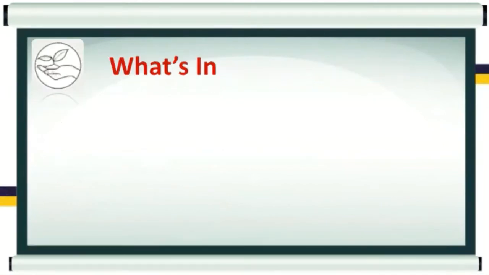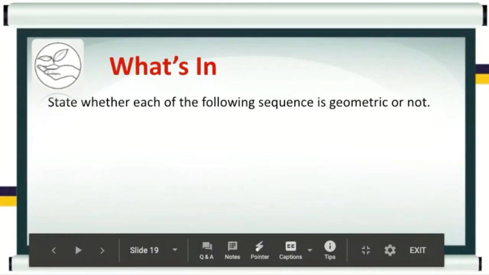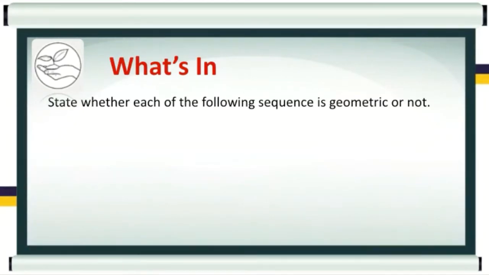Before we proceed with lesson 2, let's have an activity on the one that we just learned a while ago, the common ratio. This time, we are going to identify whether each of the following sequences is geometric or not.